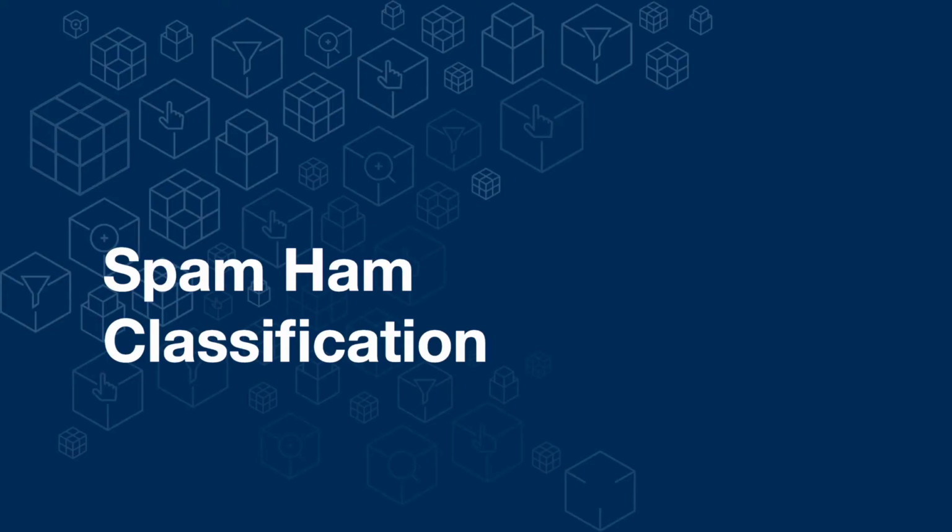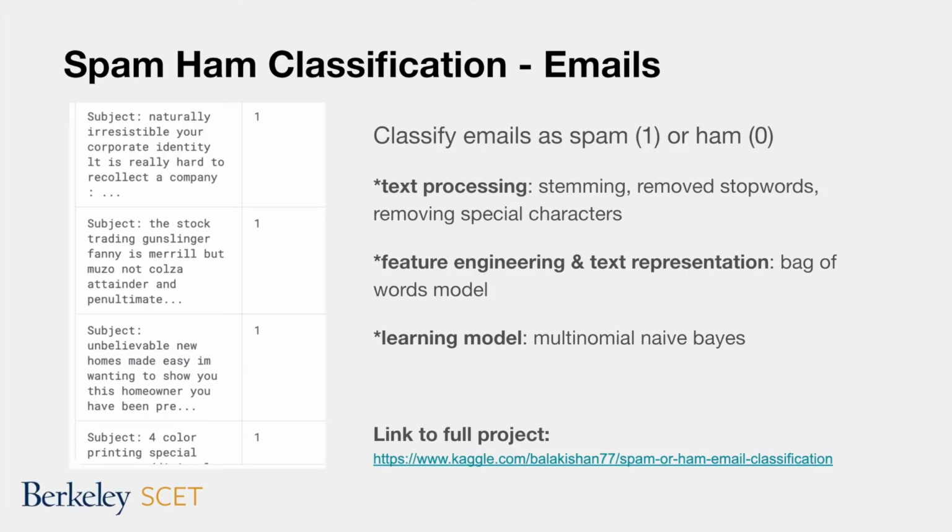So the first project is spam ham classification, and the dataset that we'll be working with is this, and here's a link to the full project if you guys want to look more into it and maybe go through it yourself with the code. You're given an email, and the training data set has a 1 if it's spam, or a 0 if it's ham.